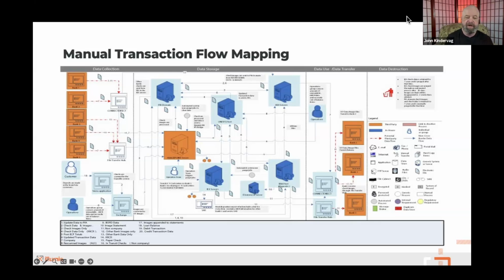I was doing the design work, and I needed the transaction flow mapping. As I've already explained, the system went down, so I was going to do this. The way this was done is all the key stakeholders for every single system were interviewed. This took several months to do, and then this manual diagram was created. It has been cleaned up and anonymized, but you can kind of see where it started.